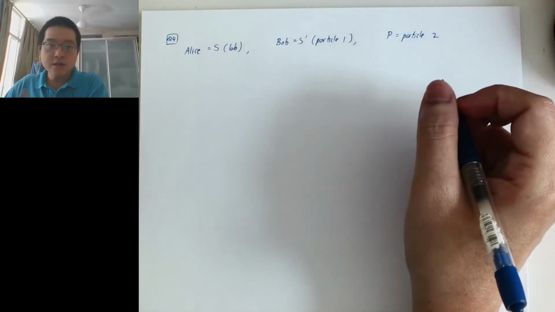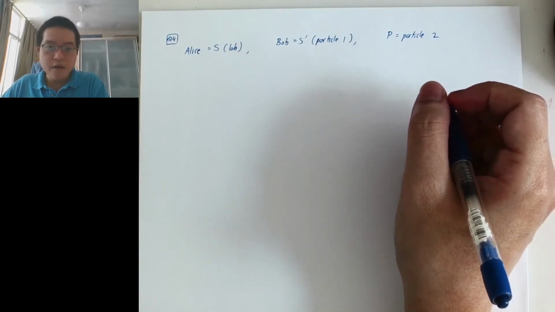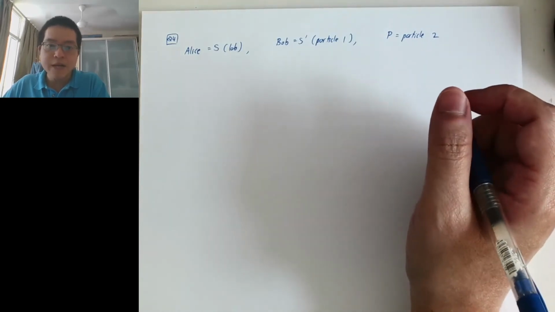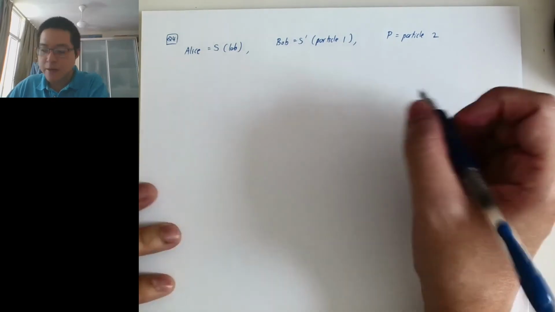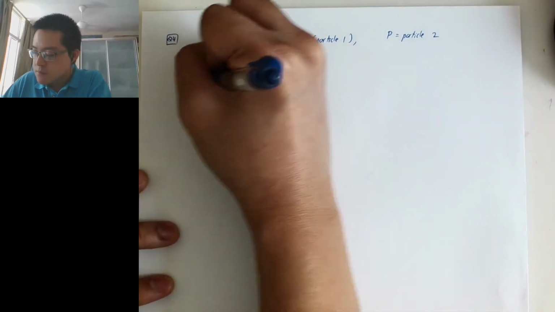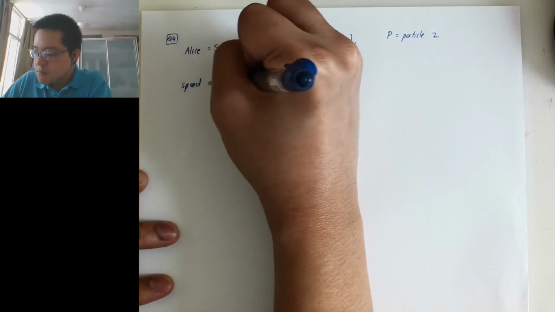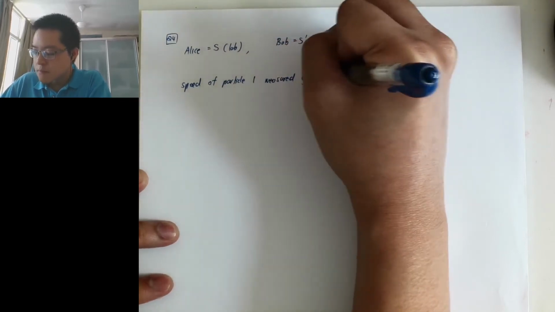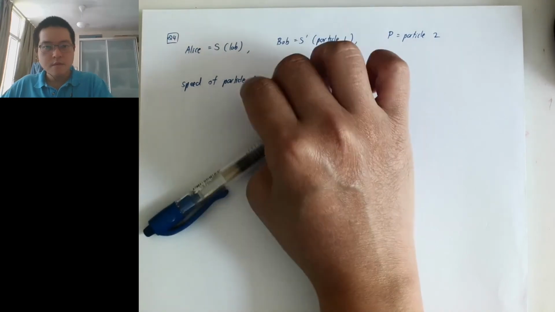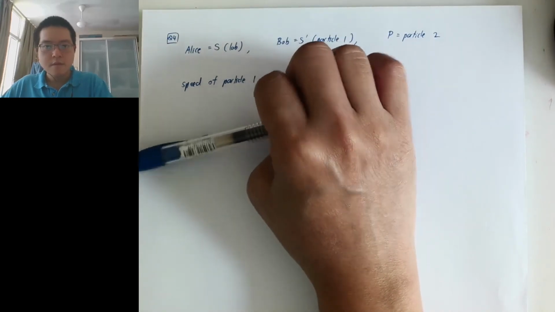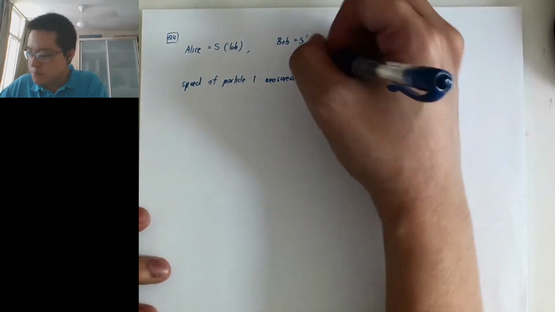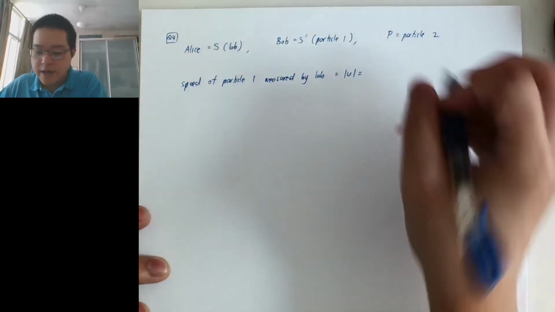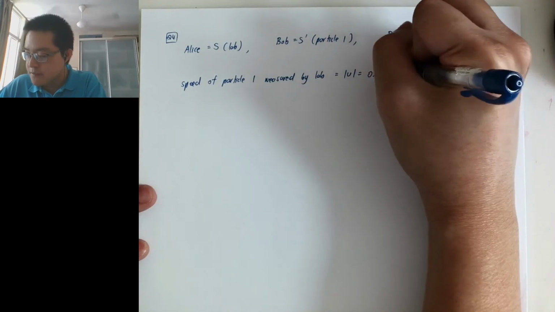According to the question, the speed of the particle measured by the lab is 0.65 c. So the speed of one particle, let's take this as my first particle, the speed of particle 1 measured by the lab is u, and it's 0.650 c.